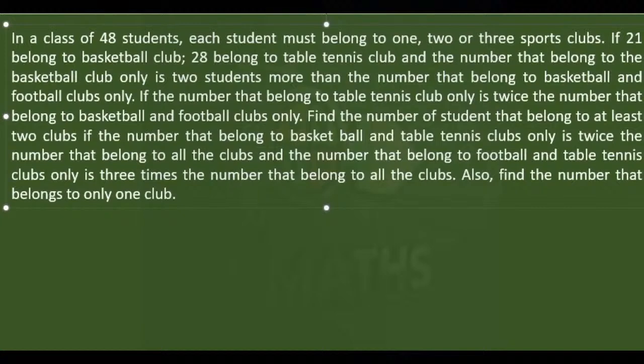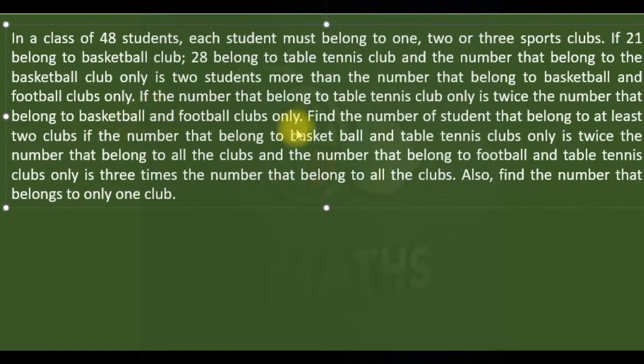Okay, they say in a class of 48 students, each student must belong to 1, 2, or 3 sports clubs. If 21 belong to basketball club, 28 belong to table tennis club, and the number that belong to the basketball club only is 2 students more than the number that belongs to basketball and football clubs only. If the number that belongs to table tennis club only is twice the number that belongs to basketball and football clubs only.